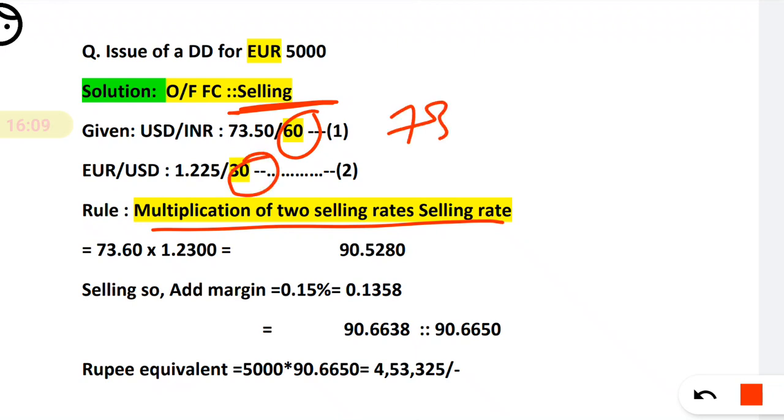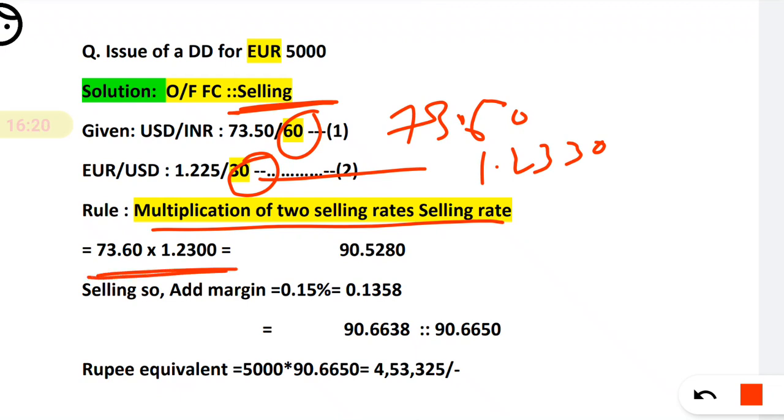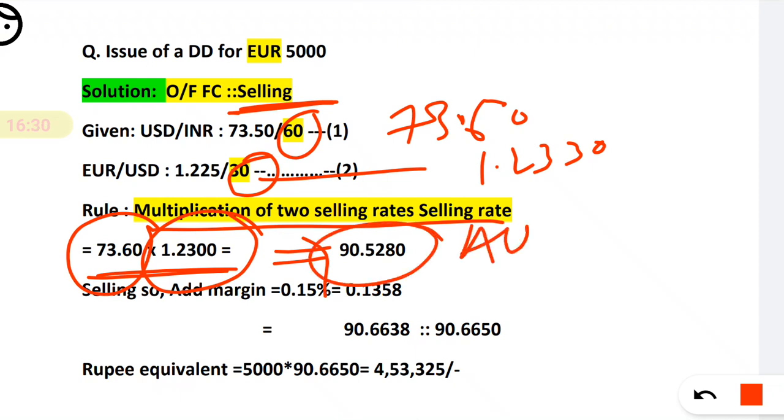So for the first it is 73.60, and for the second it is 1.2330. Just multiply that: 73.60 multiplied by 1.2300. When you solve, you will get 90.52 as your answer for the euro to INR.